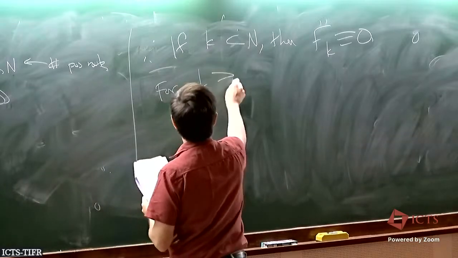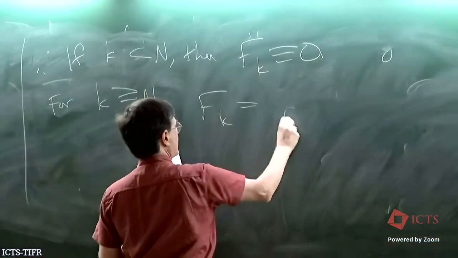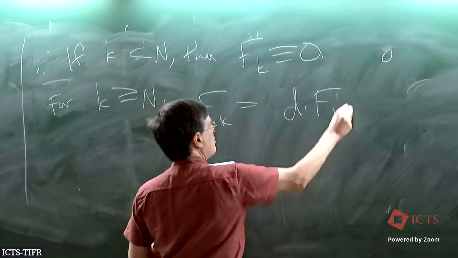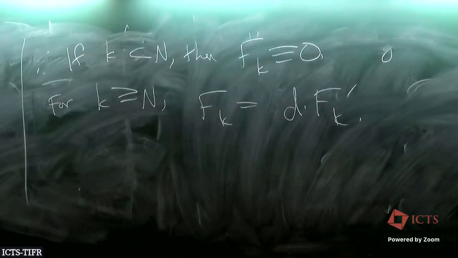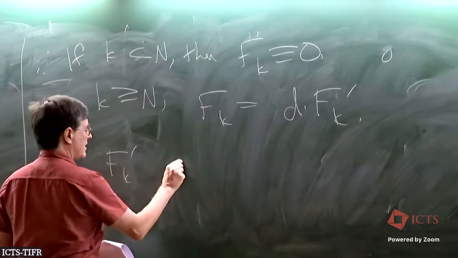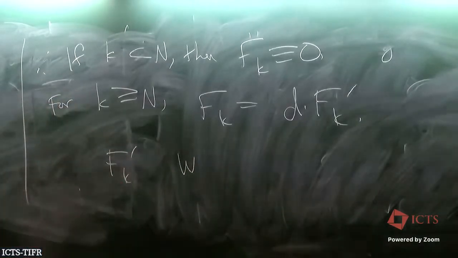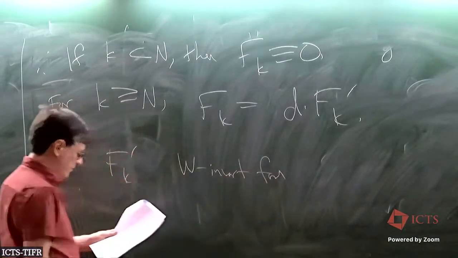For k bigger or equal to n, I might write fk is D times fk prime, using fk prime as notation for the division of fk by D. And this fk prime is a W invariant function.